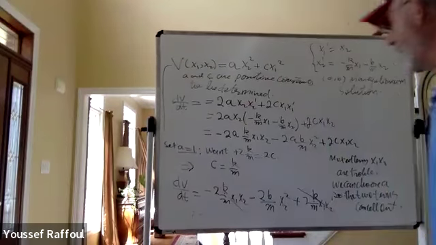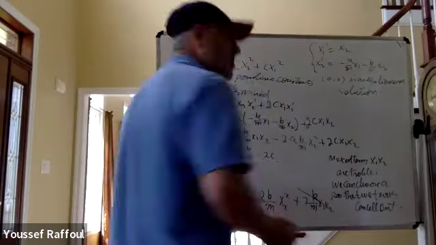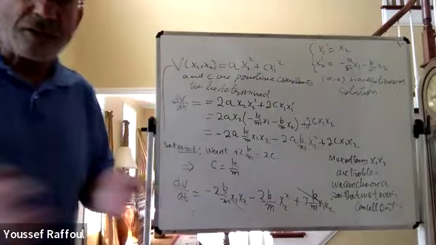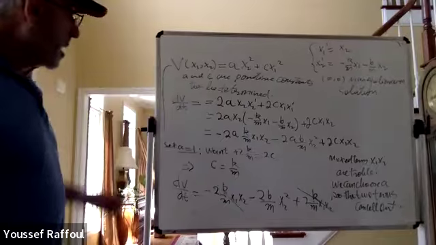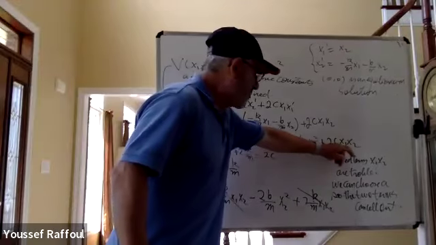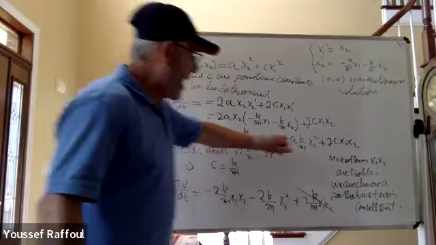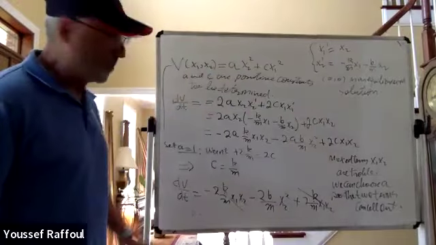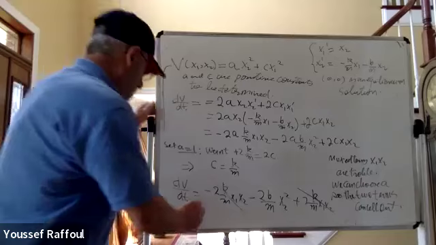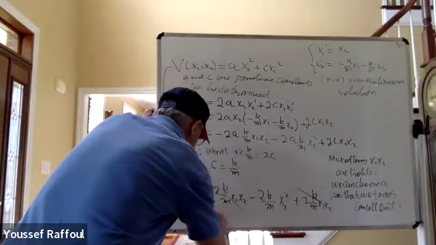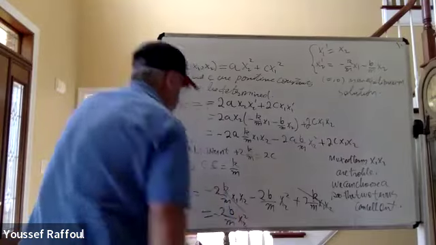These two go out, because x1, x2 could be positive or negative, and we want this derivative to be less than or equal to 0. But these two terms cannot make up their mind. So I chose A and C accordingly so I can get rid of them. By doing so, this is now minus 2b over m x2 squared.